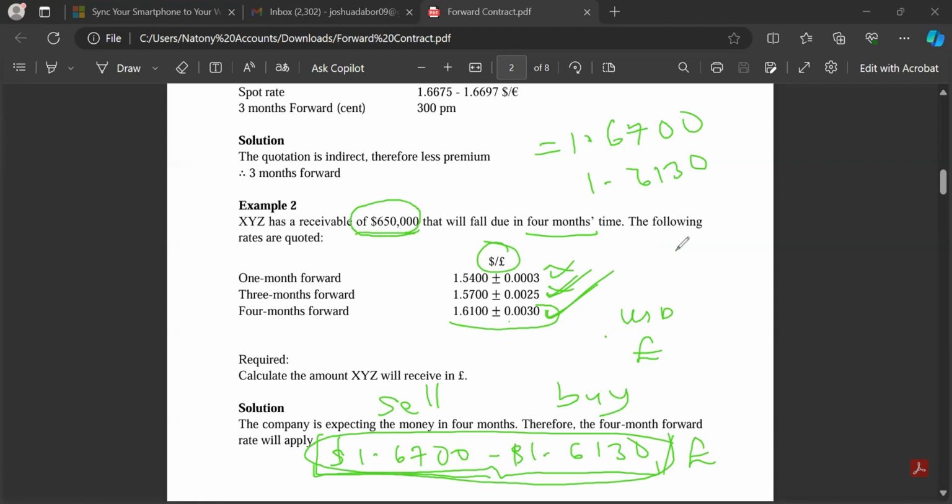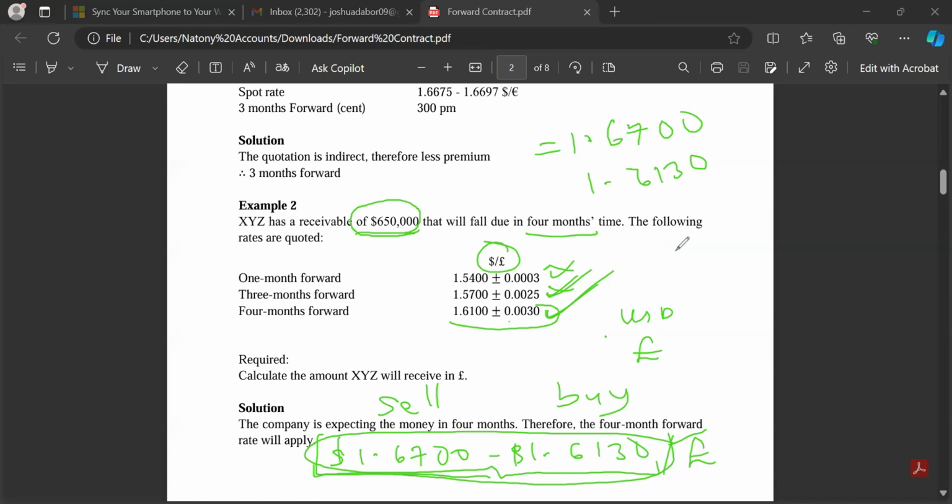So that is the first step. Is it a direct or an indirect quote? Now you've seen that it is an indirect quote. The second thing is the transaction. What is the transaction? It is a receivable.